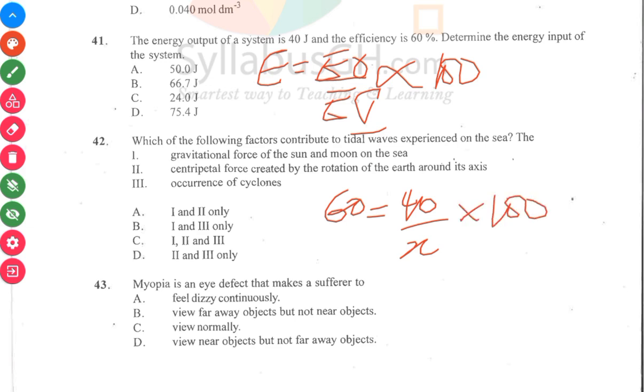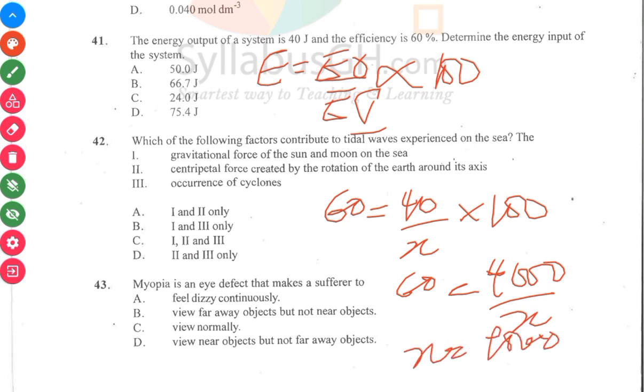So we're going to end up with 60 equals 4,000 over X. So X equals 4,000 divided by 60, which gives us 66.67, which is B.